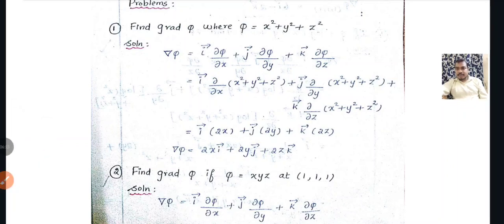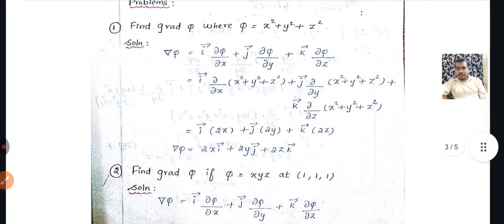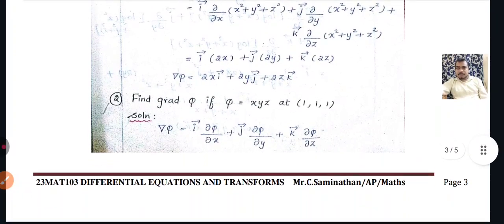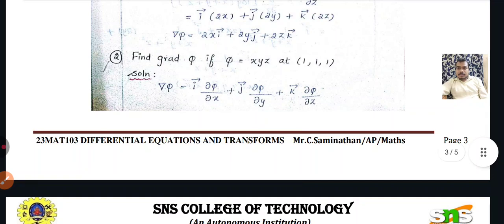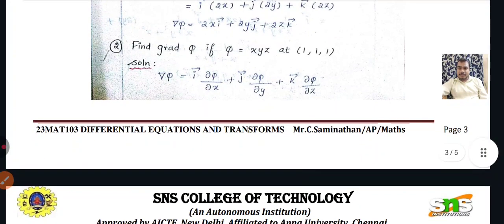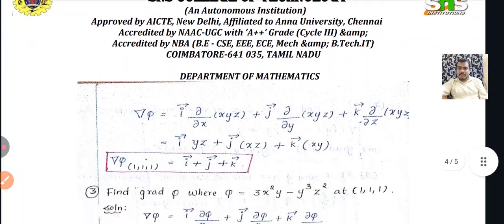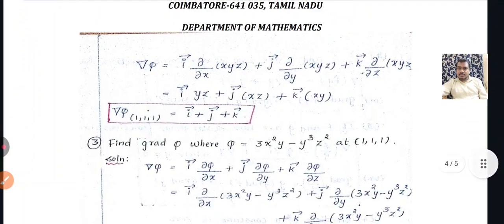Next example: find grad pi if pi equals xyz at 1 comma 1 comma 1. The solution is we have to find del pi, then apply the point 1 comma 1 comma 1 in place of x comma y comma z.